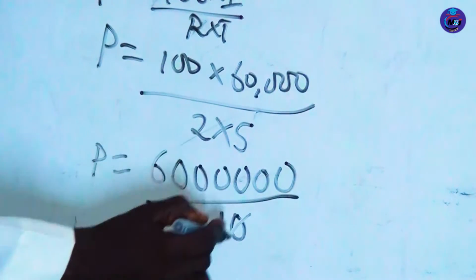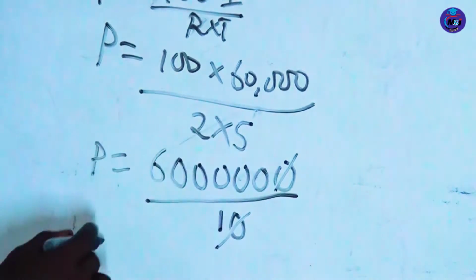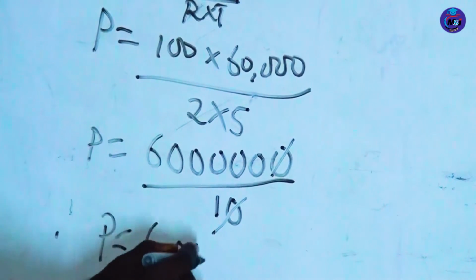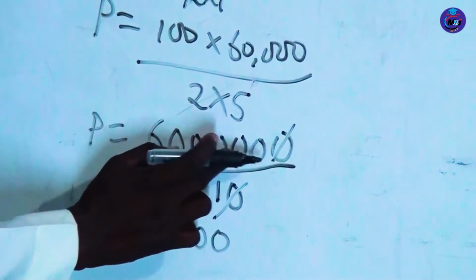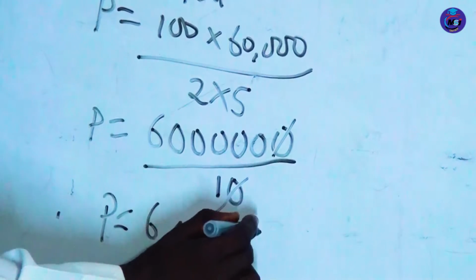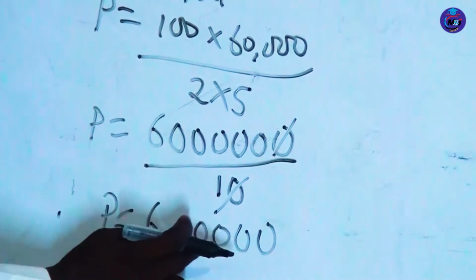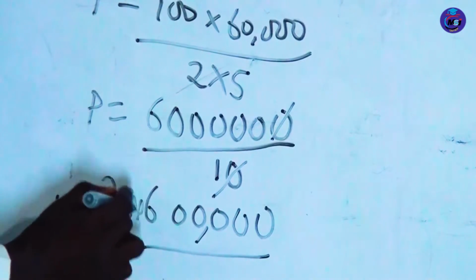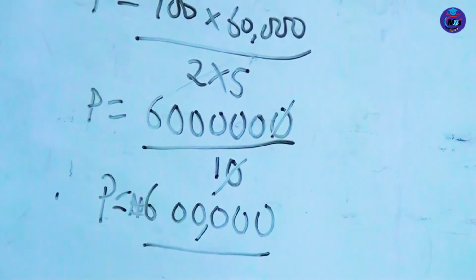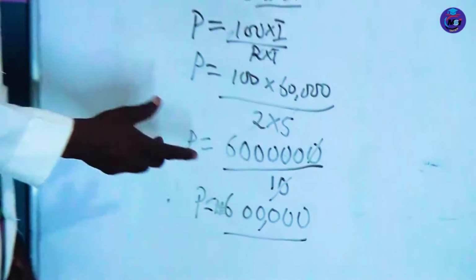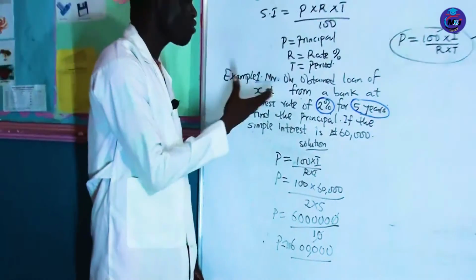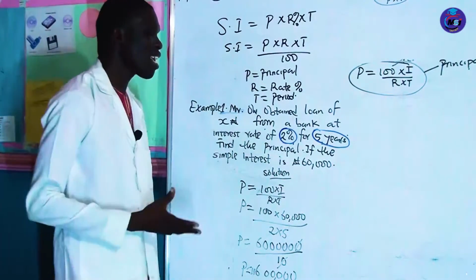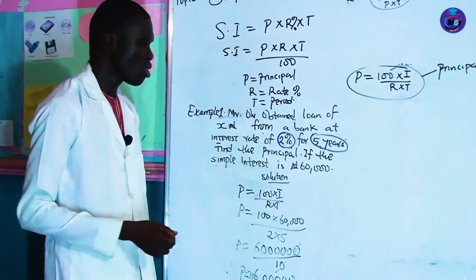So 0 cancels 0. P will give us 600,000. If you compare this with the previous example we solved, you discover that the man obtained a 600,000 loan.